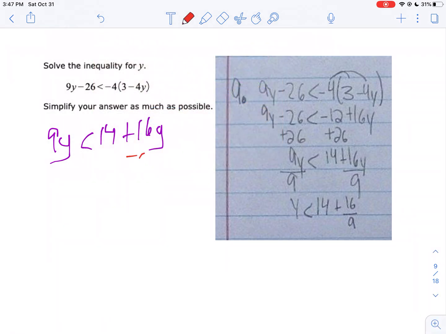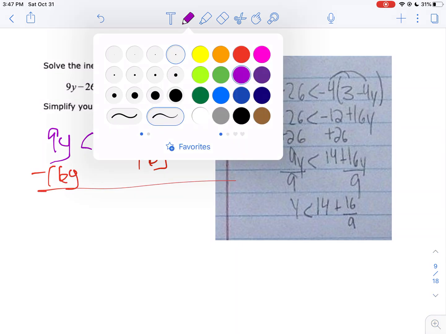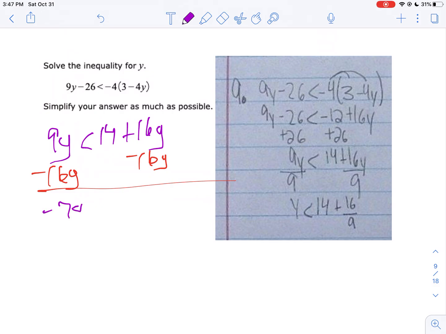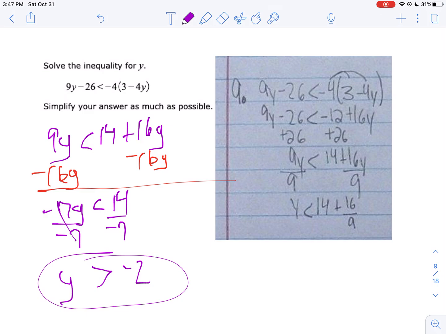So we subtract 16y from both sides. 9 minus 16, that'll be negative 7y, is less than 14. At this point, we're going to divide both sides by negative 7. Remember, when you divide by a negative, you got to flip the inequality. So we get y, 14 divided by negative 7 is greater than negative 2. Remember, get all the variables on the same side before you divide.